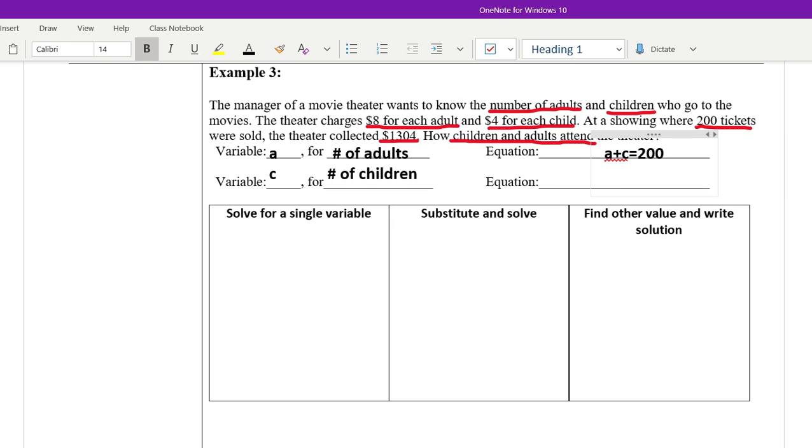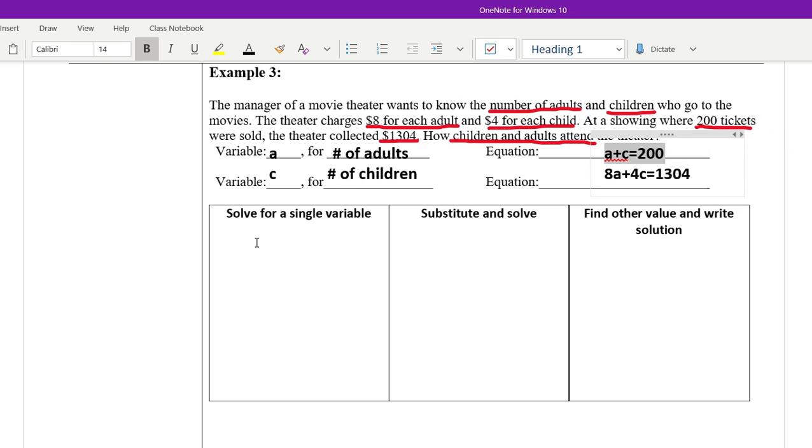We know that it is $8 for every adult plus $4 for every child, and they earned a total of $1,304. So this helped create our two equations. We can now start the solving process.